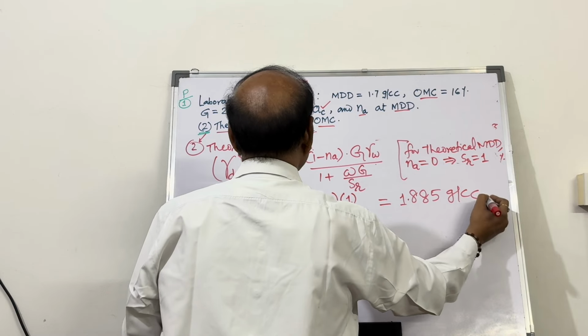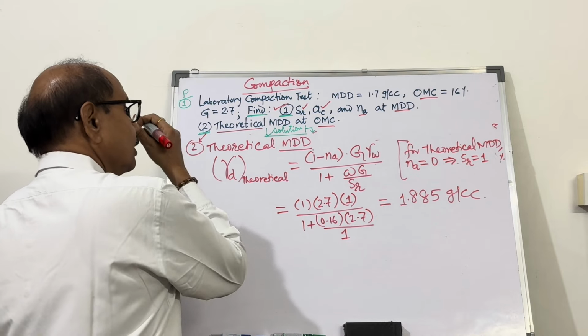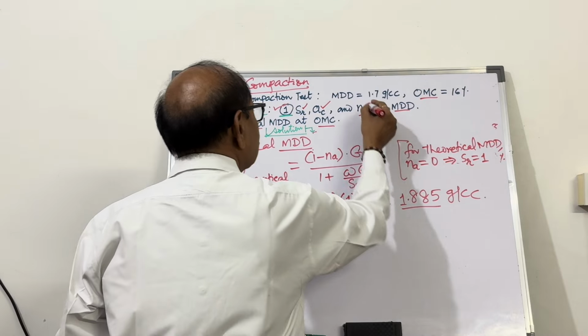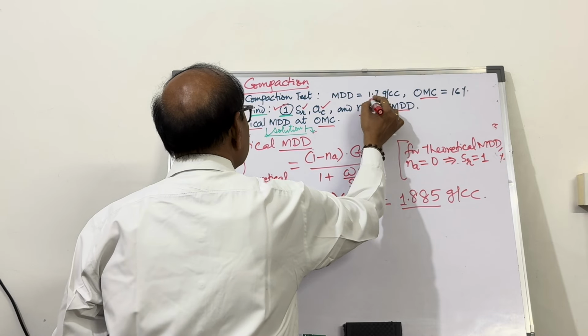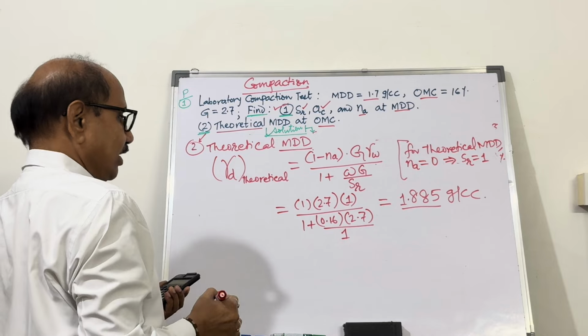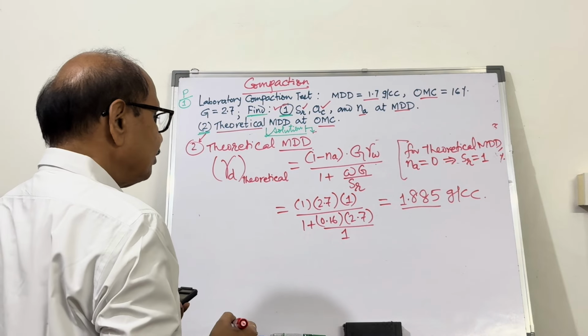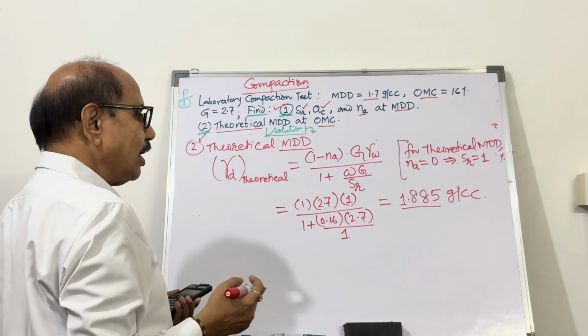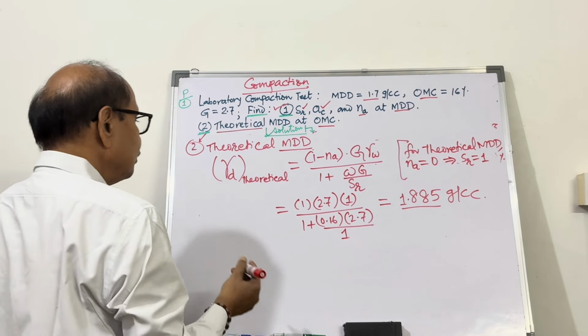gram per cc. So the theoretical value is much higher compared to the laboratory compaction test value of 1.7 because of the fact that all air from the voids is assumed to be removed.